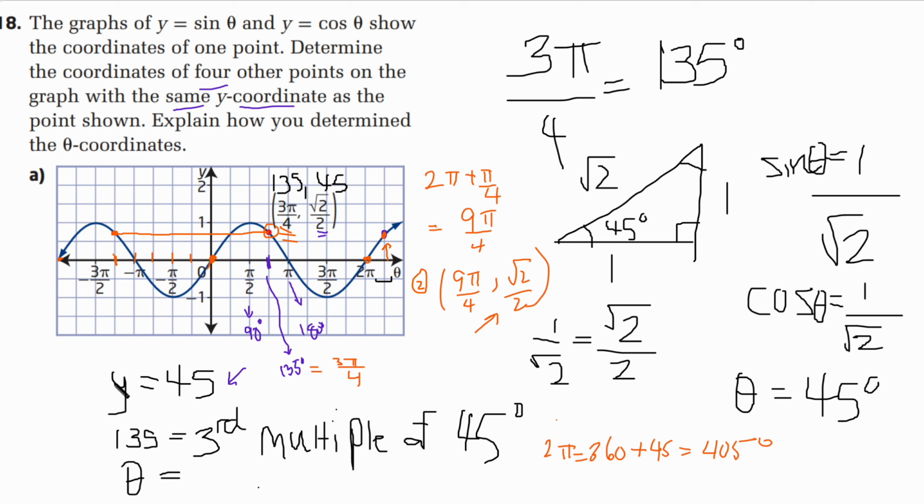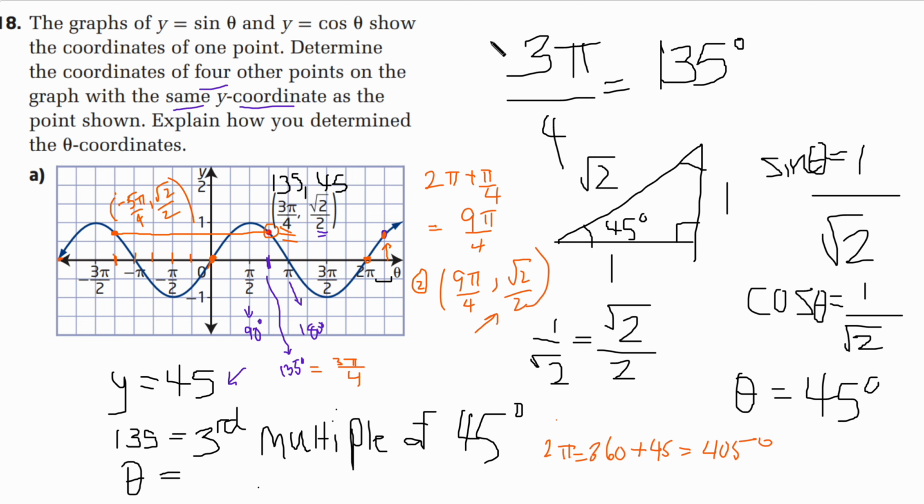Or, sorry. In radians, 225 is the equivalent of 5 pi over 4. Okay, 5 pi over 4, right? So we say this is, well, because it's on the negative side, we'll say negative 5 pi over 4. Yeah. And then square root of 2 over 2.